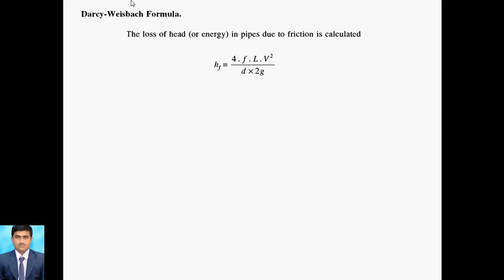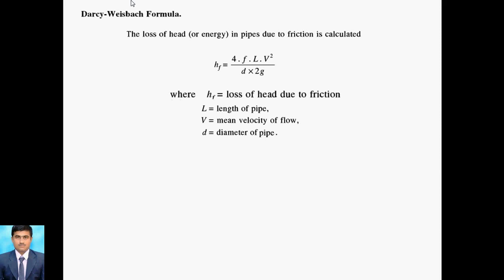Here F is the coefficient of friction, capital L is the length of the pipe, V is the velocity, small d is the diameter of the pipe, and HF is the loss of head due to friction.